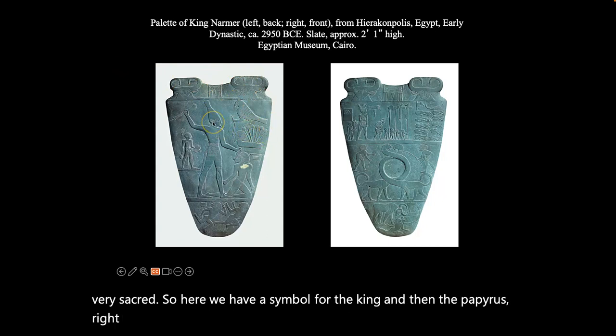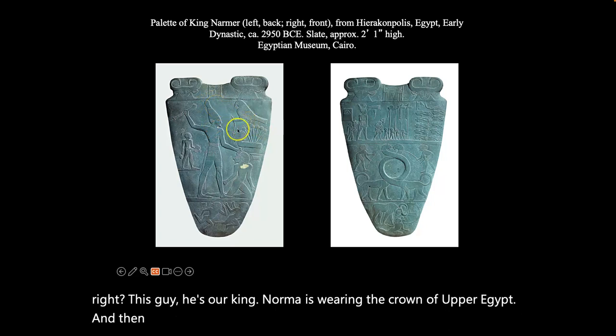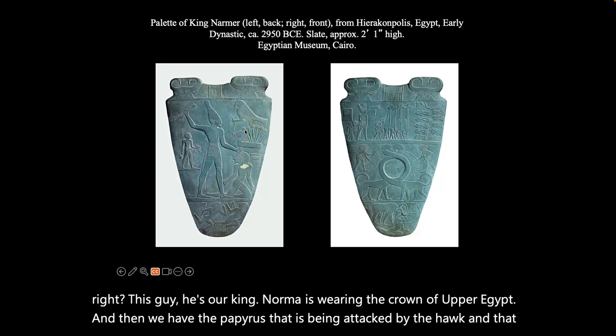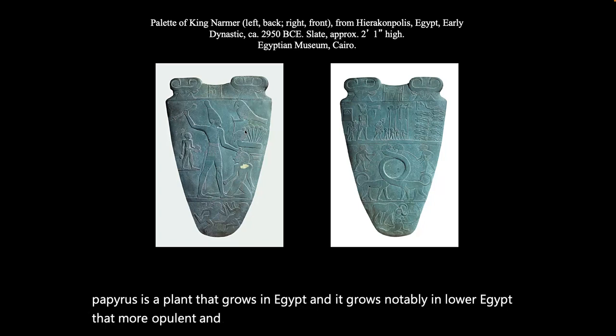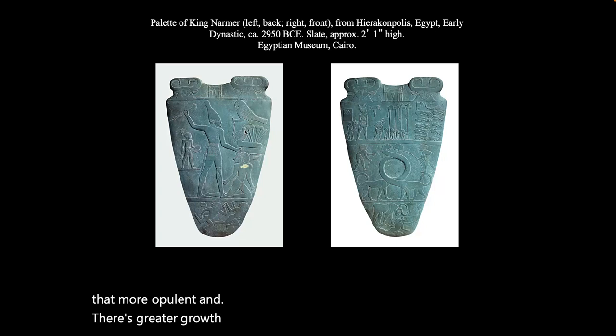This guy, our king, Narmer, is wearing the crown of Upper Egypt. And then we have the papyrus that is being attacked by the hawk. And that papyrus is a plant that grows in Egypt, and it grows notably in Lower Egypt, that more opulent region of Egypt, where there's greater growth, and it's less rustic, less dry.